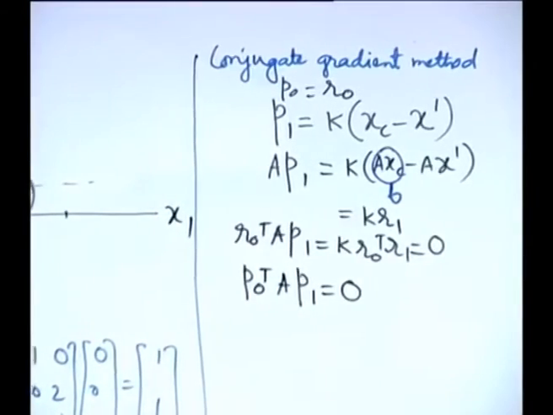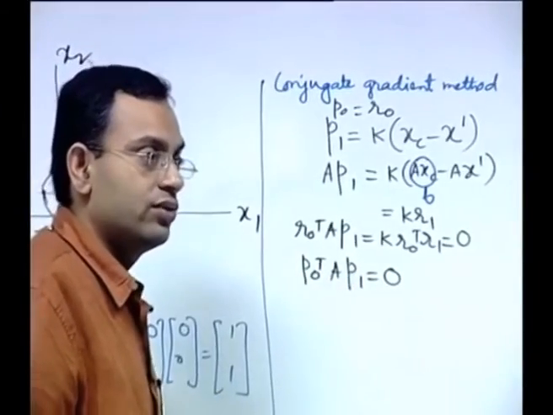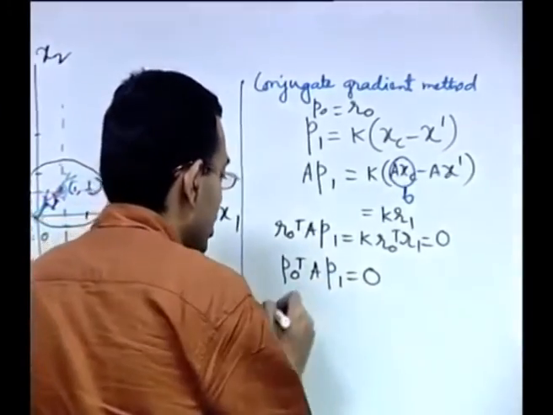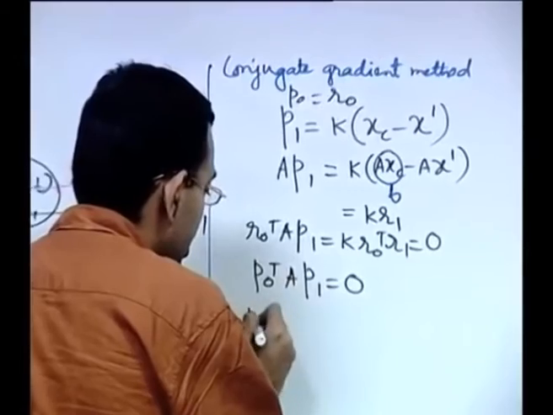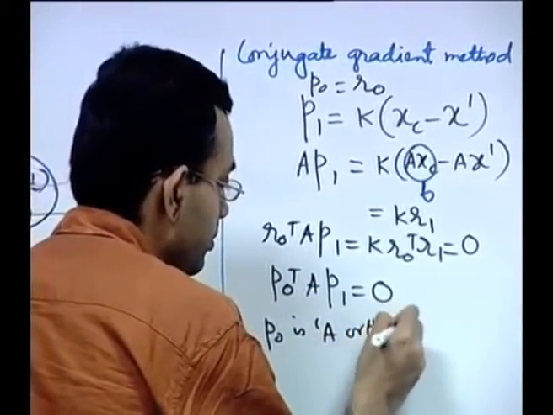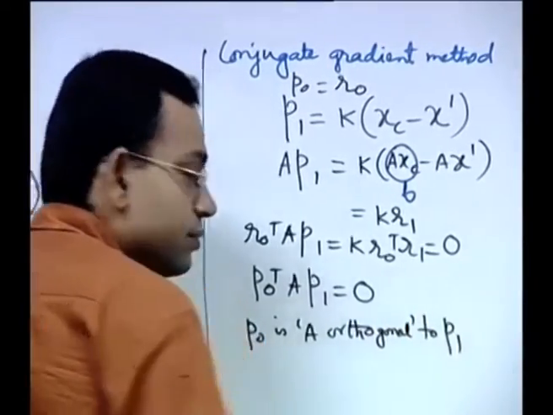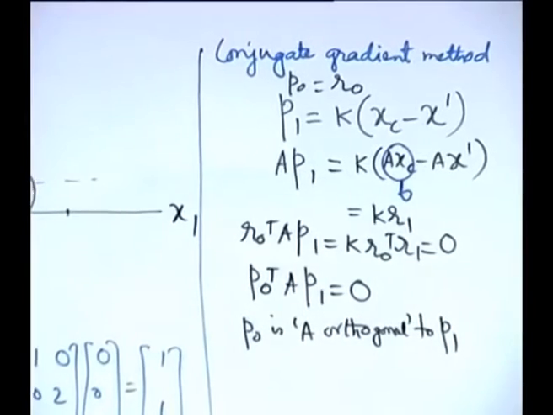So p0 transpose p1 is not 0, but p0 transpose A p1 is 0. So in linear algebra terminology this is called p0 is A-orthogonal to p1. Just a name.